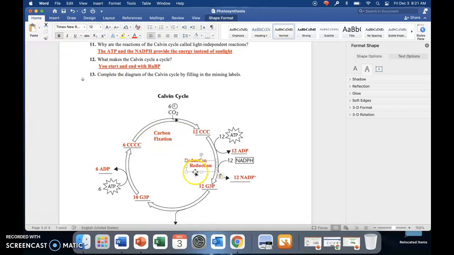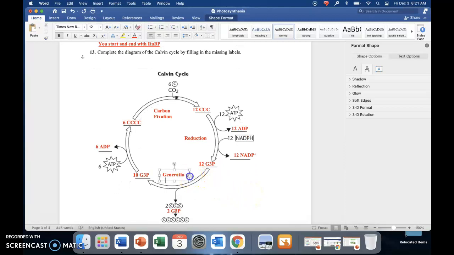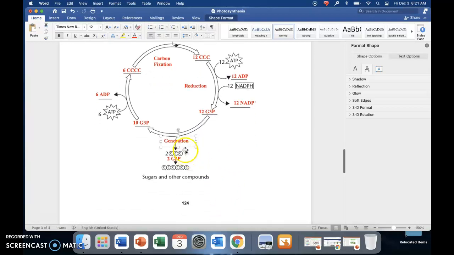From there, we go to generation. Actually, I'm going to move this part to this line right here. We are generating our glucose or our sugar.